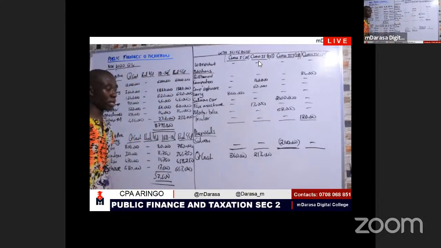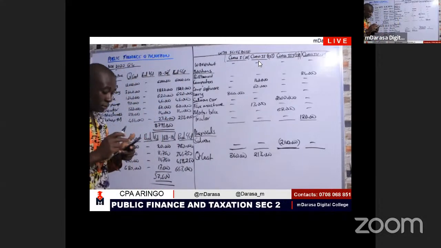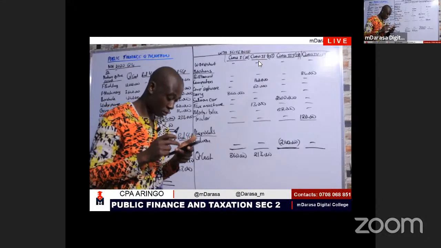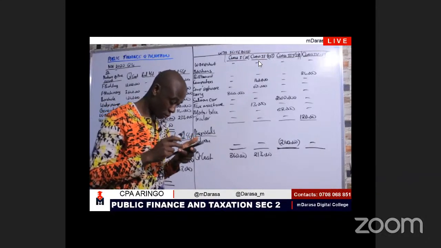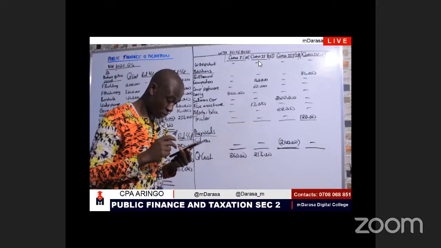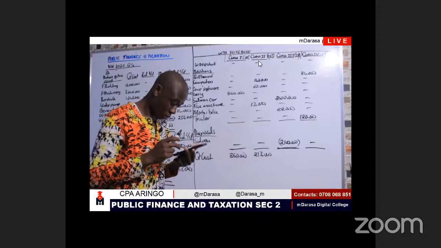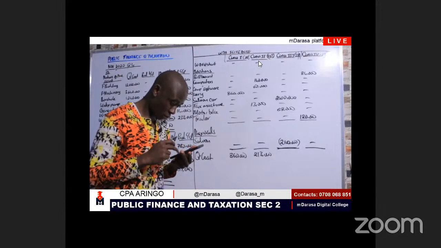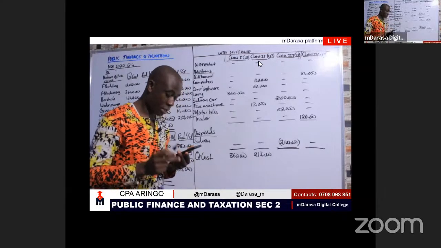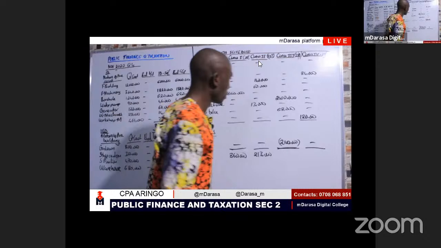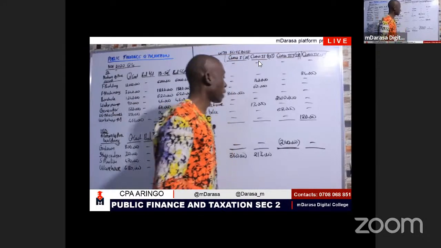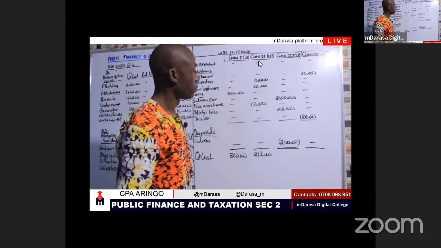How much will you be having under class 3? 2.4 plus 68 minus 2.1.